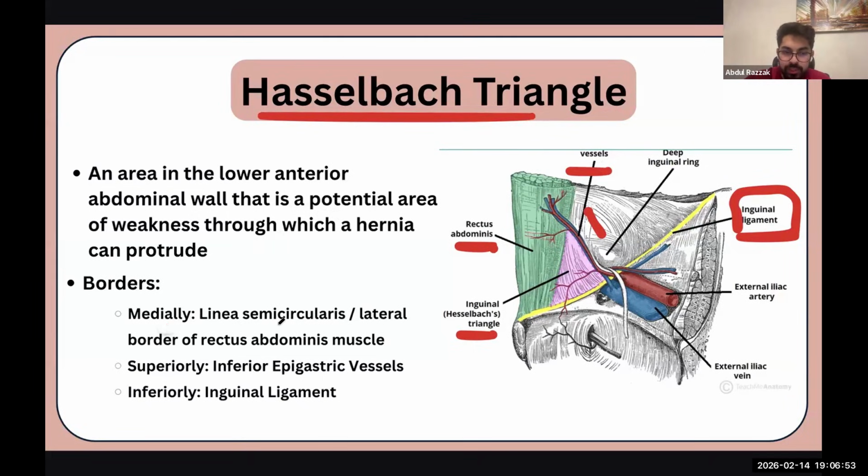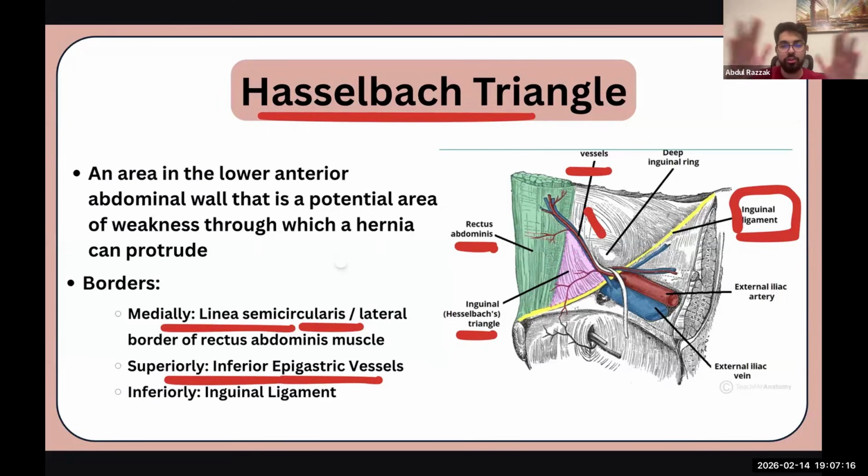So we said the borders: medially, linea semilunaris, or the lateral border of rectus abdominis muscle. Superiorly, inferior epigastric vessels here, and the inguinal ligament on the side. This area is very weak, or it's a weakening area that is viable for hernia protrusion. What is a hernia?